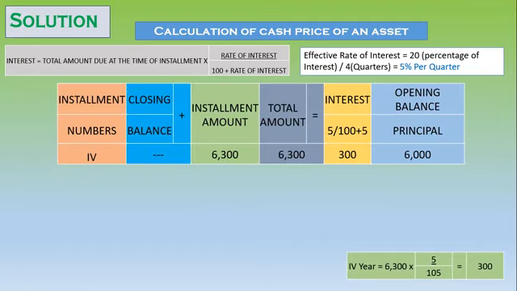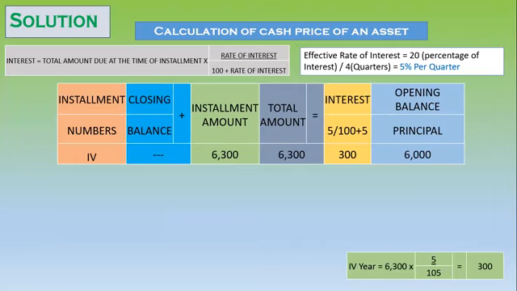The closing balance is nil, because when they pay 6,300 in the fourth quarter, the entire installment value has been paid. So the installment amount is 6,300, and the total is 6,300 plus 0, which is 6,300. For interest, instead of 20% we consider only 5%, because 20% is per annum and we are paying quarterly.